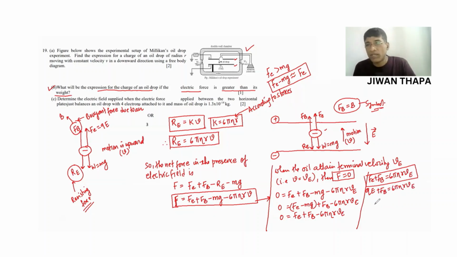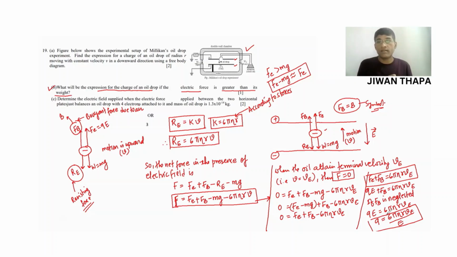Now, if we neglect the buoyant force Fb, then QE equals 6 pi eta Rve. So we get the charge Q equals 6 pi eta Rve by the electric field. This is the expression when the electric force is greater than the weight of the charged oil drop.